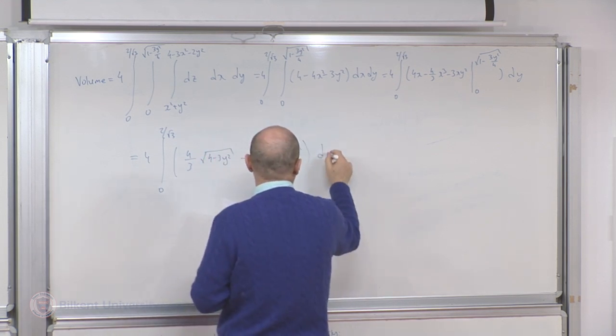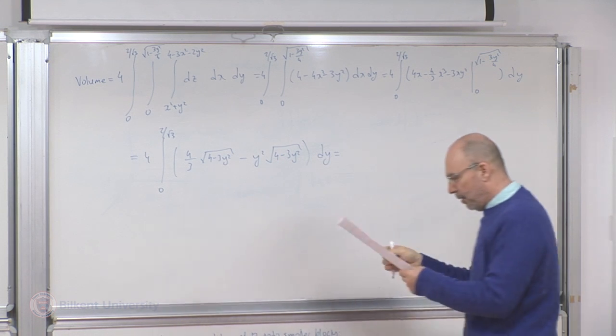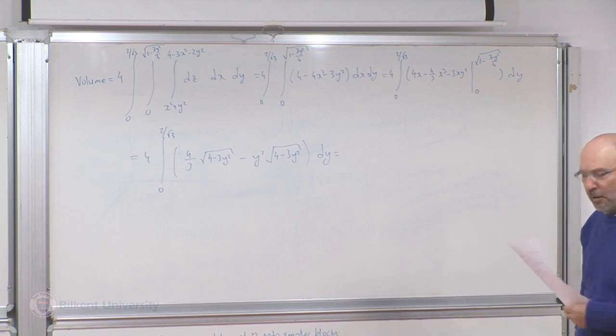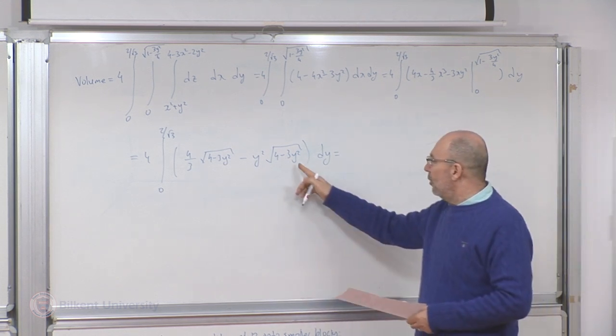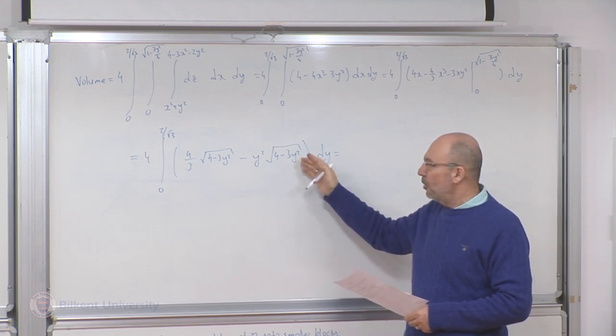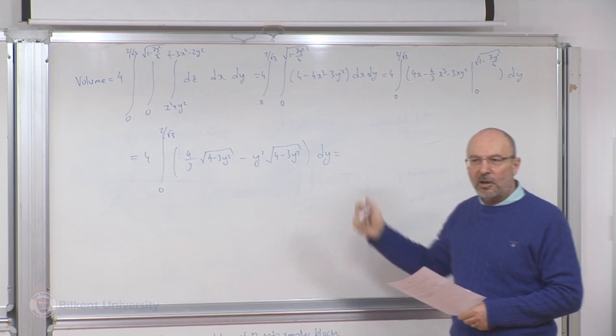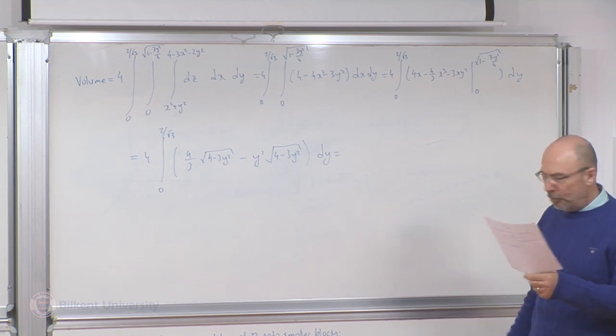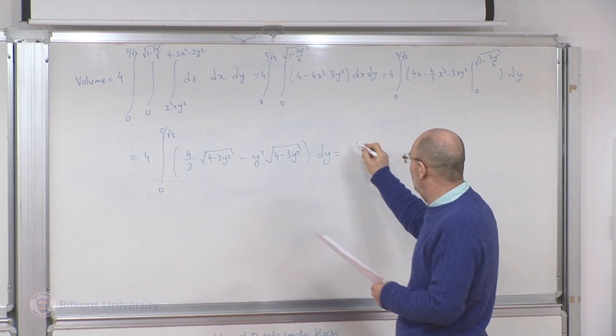You integrate this with respect to y. How do you integrate this? It's begging for trigonometric substitution. You put y equals a constant times sine or cosine, so that this thing comes out, and then you get a trigonometric integral, which you can do. I'll just write the result for you to check.